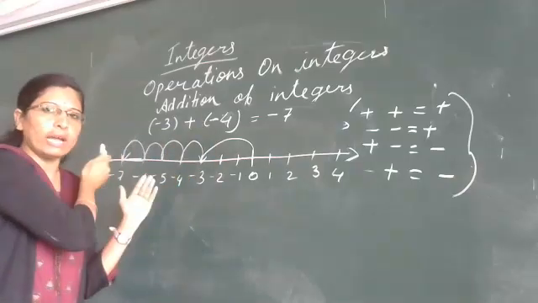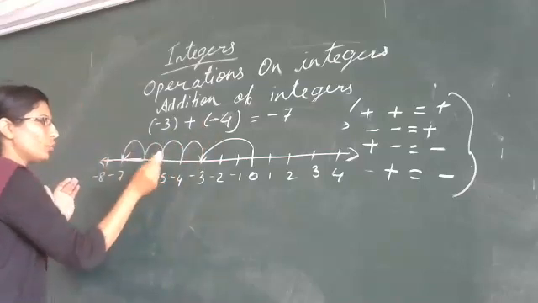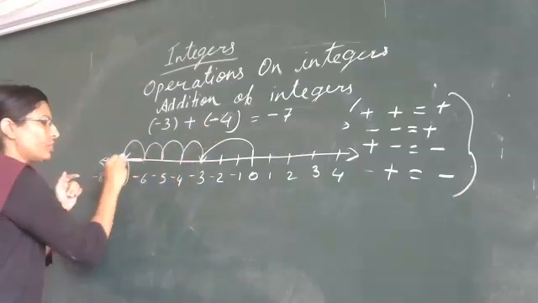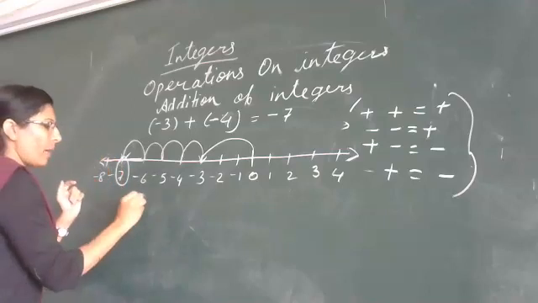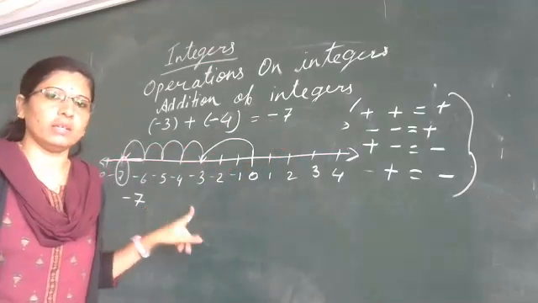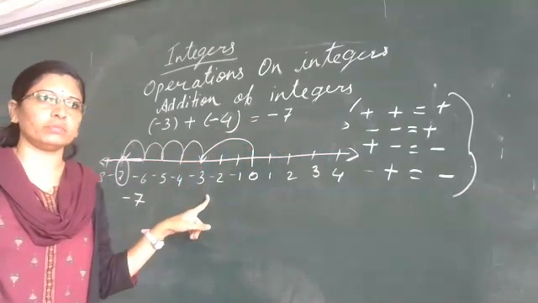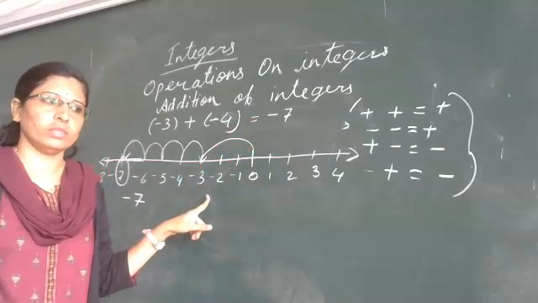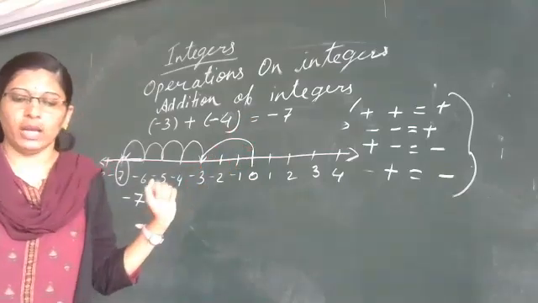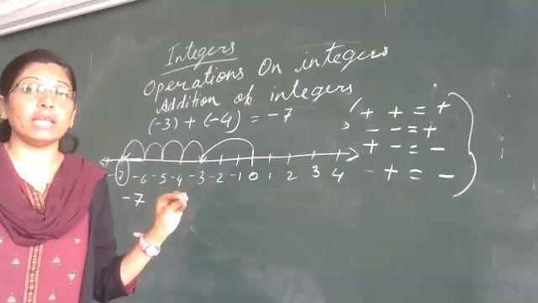Minus means we are going to the left side. So left side 4: 1, 2, 3, 4. Where did we reach? We reached minus 7. So we got the same answer here, minus 7, minus 7. Understood? Yes, ma'am. Okay. Now this was addition of integers with same sign.